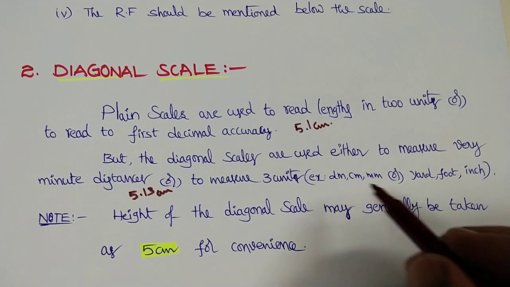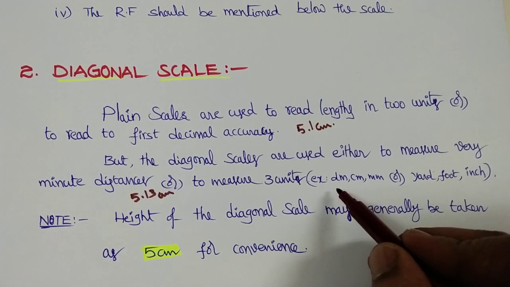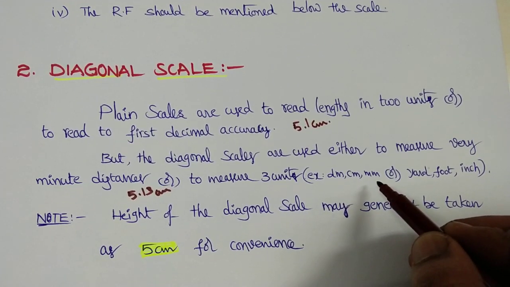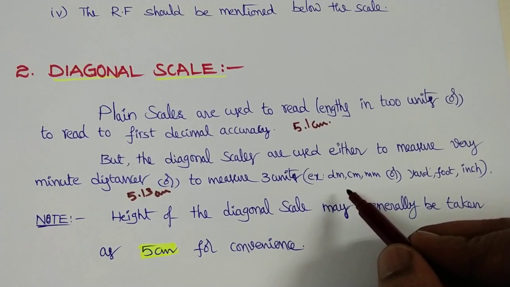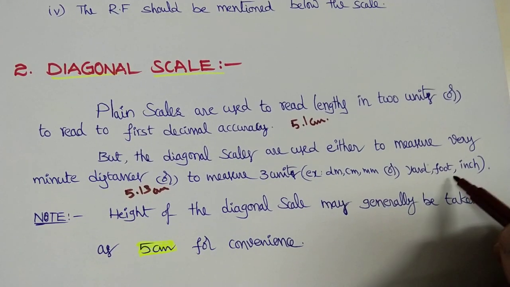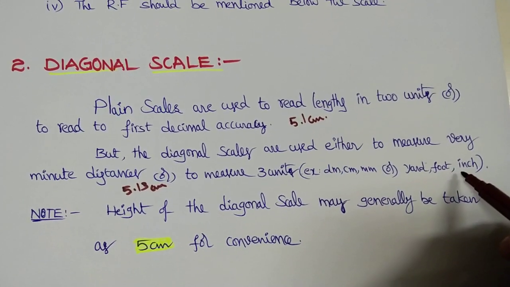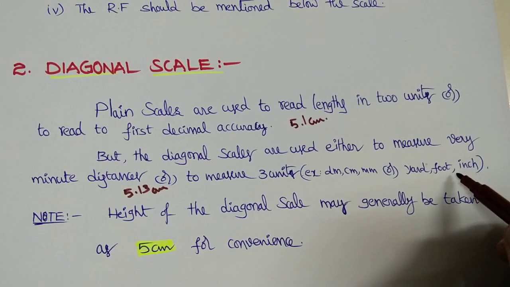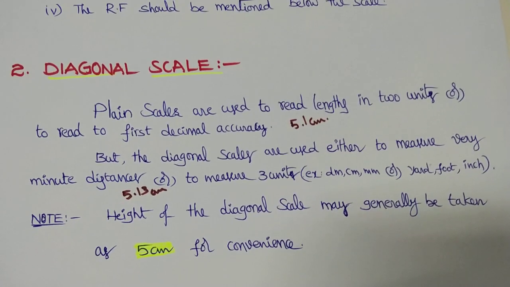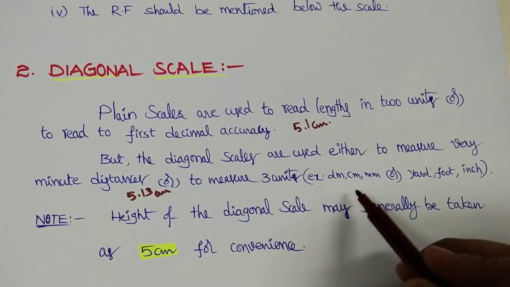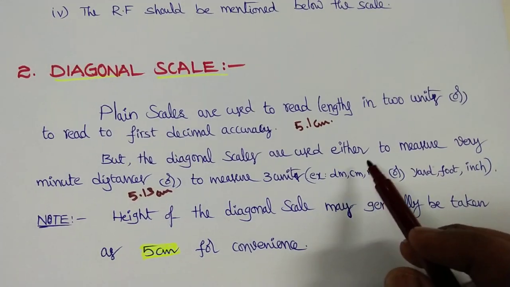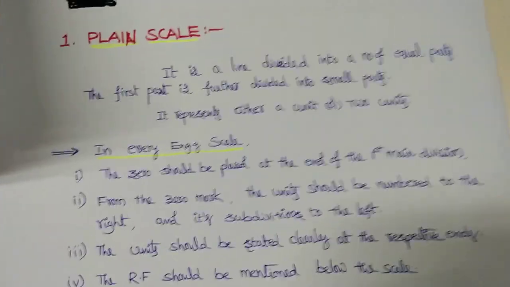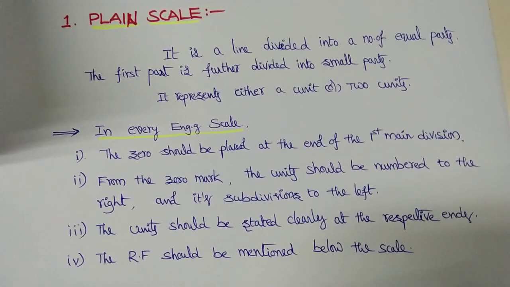Decimeters, centimeters, and millimeters are three consecutive units. Similarly, yard, foot, inch are also consecutive units. So always we should mark three consecutive units in the diagonal scale, and similarly two consecutive units in the plane scale.